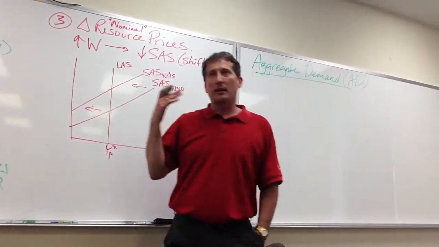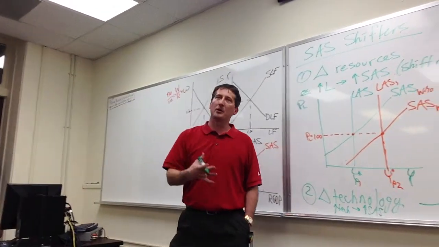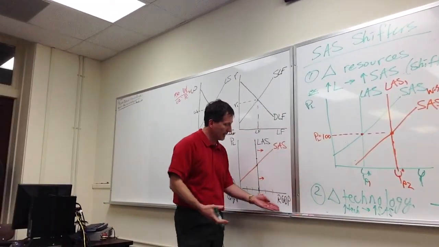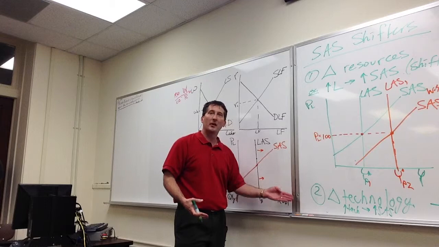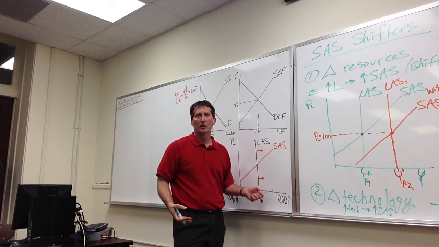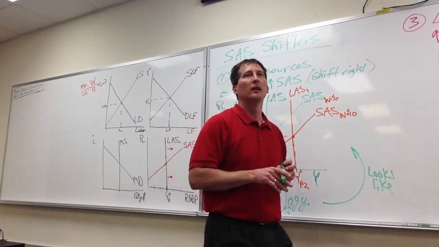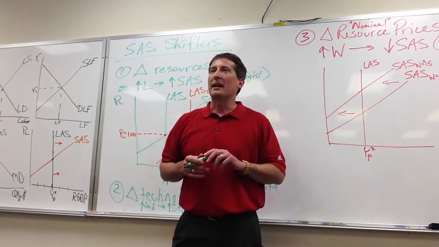Now, with the aggregate demand curve, we want to be thinking about all the people who potentially are buying stuff down here. Who does that include? Who's buying all this stuff, the demand curve, so to speak? Who's buying the stuff?